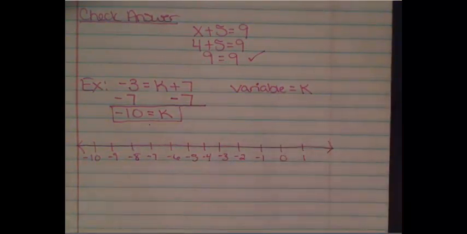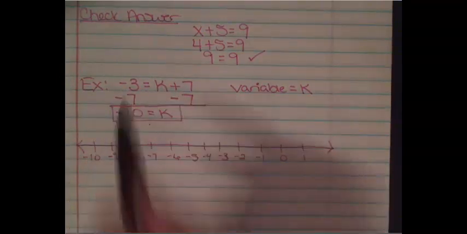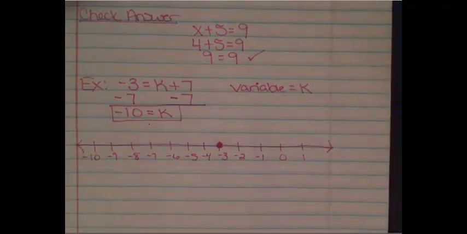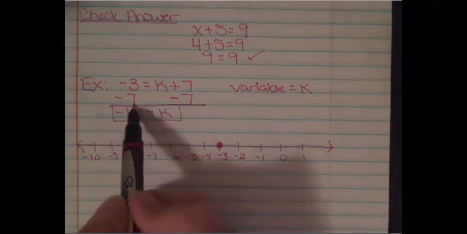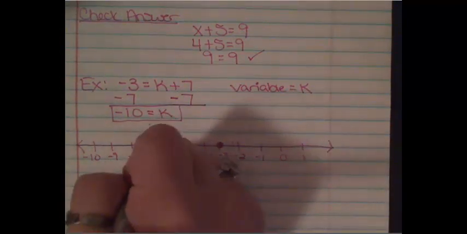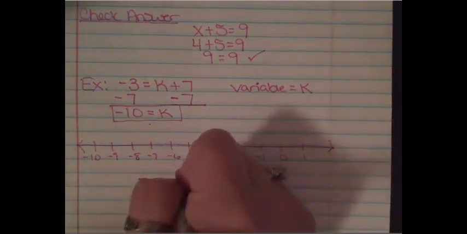Okay, so here's your number line, and we're starting at this negative 3, starting right here, and we need to go negative 7. So we need to go to the left, because negatives mean left.